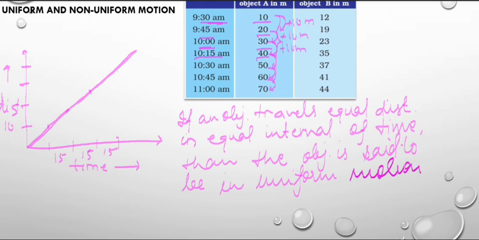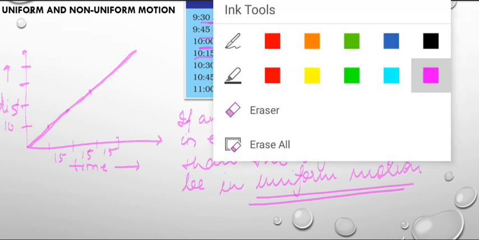Clear? So this is how we define uniform motion. Distance traveled is always equal in equal intervals of time. So now let's move to object B.